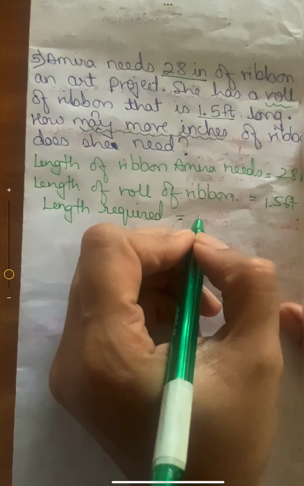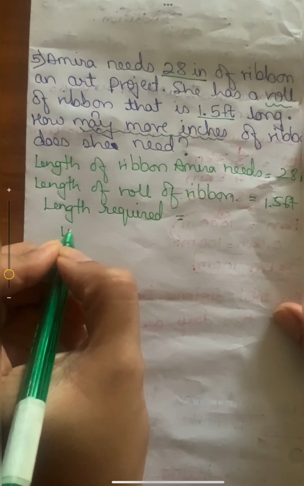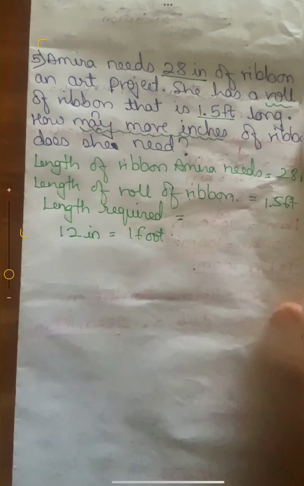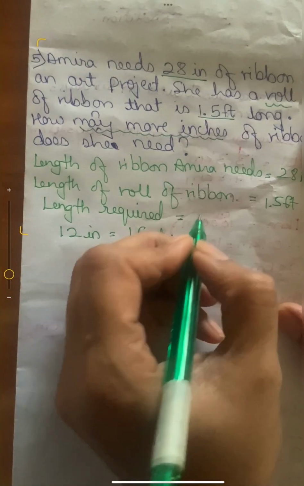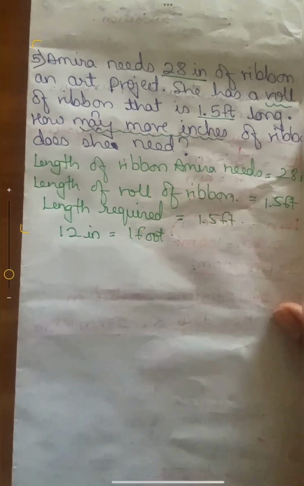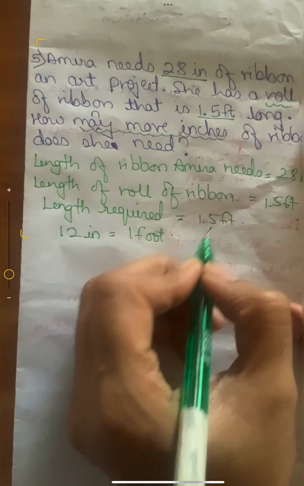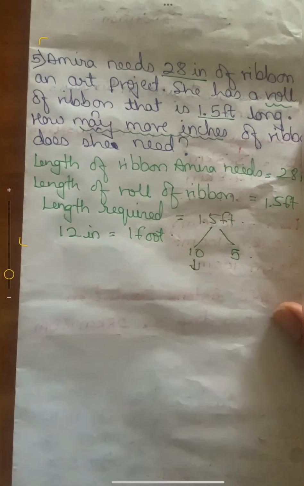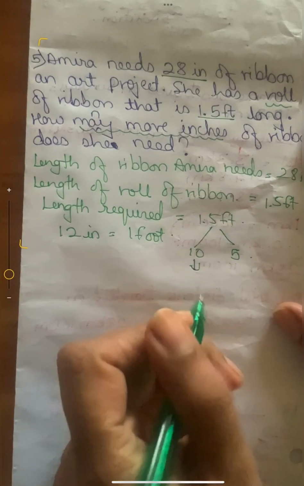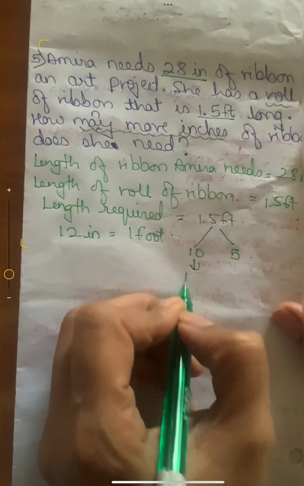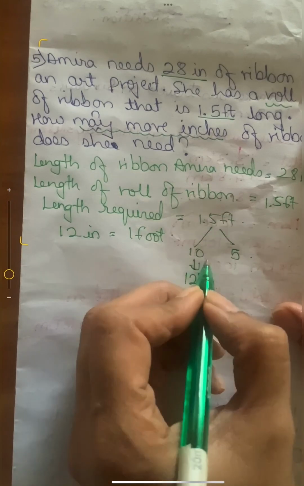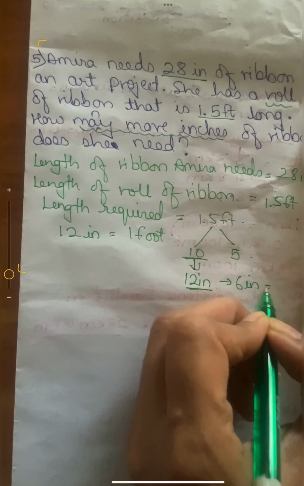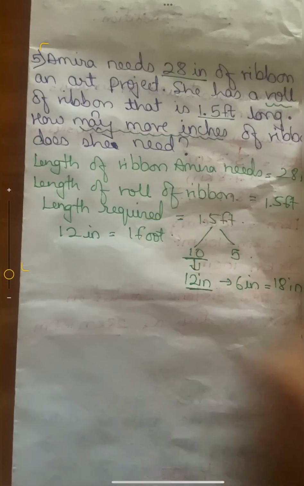So let's write the key: 12 inches equals 1 foot. She's got 1.5 feet. Therefore, I will just break it into 1 and 0.5. For the 1, I will have 12 inches, and half of 12 I have to write, which is 6 inches, which equals 18 inches.